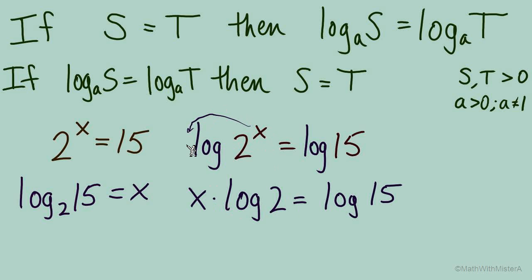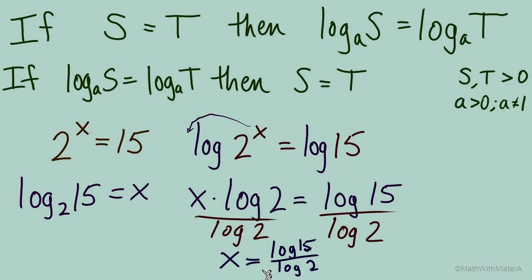So the exponent we see, we move it out front in a multiply, x times log 2, and this is a base 10. If we don't see the base, we assume it is a 10, equals log 15. Haven't changed the right side yet. And to finish solving for x, since I have x times log 2, I can divide both sides by log 2. And we're left with x equals log 15 over log 2.